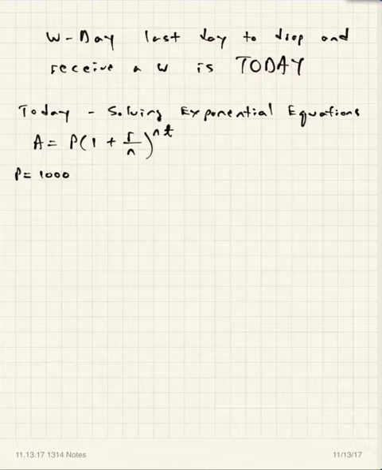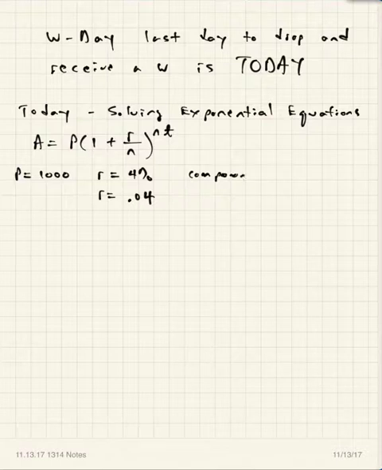The interest rate, we'll say, was 4%, and remember, that means you have to write r as 0.04. Interest was compounded quarterly. Since it's compounded quarterly, that means it's compounded 4 times a year, and so n is 4.